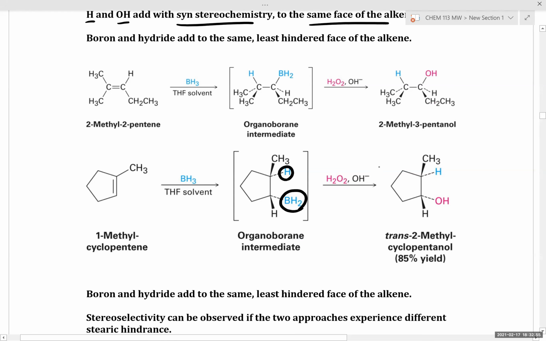So as a consequence, when we oxidize our resulting product, we generate the following trans-2-methylcyclopentanol as a single product. So the main distinction between oxymercuration and hydroboration, in addition to their differences in regio control, is that the oxidation of this alkyl boron occurs with retention of stereochemistry.